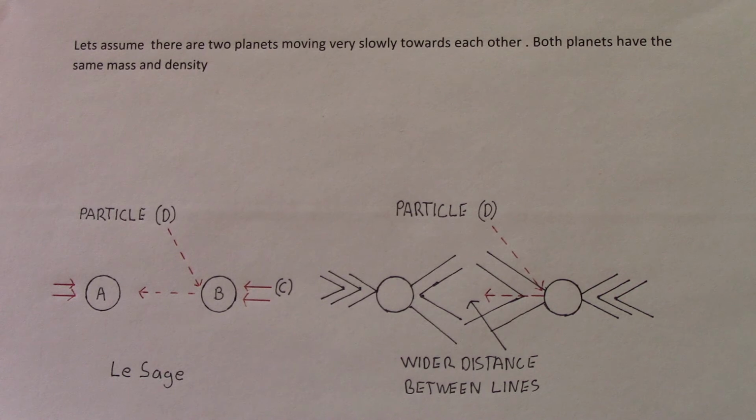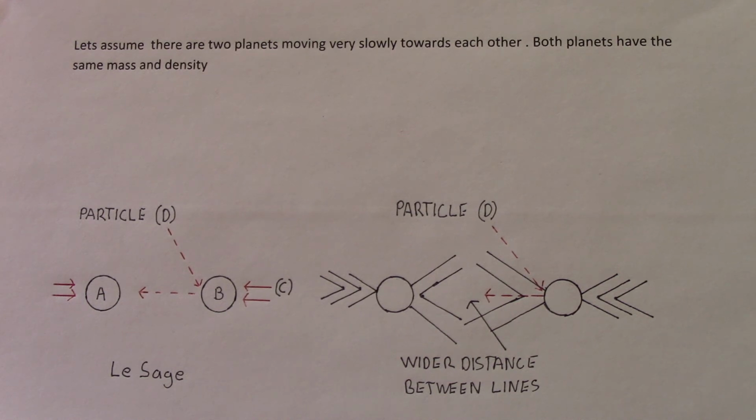Let's assume there are two planets moving very slowly towards each other. Both planets have the same mass and density. This scenario best compares with the Lesage model. As they approach each other, each planet is pulling the field lines off the other one, because between the planets an area of opposing fields is created.